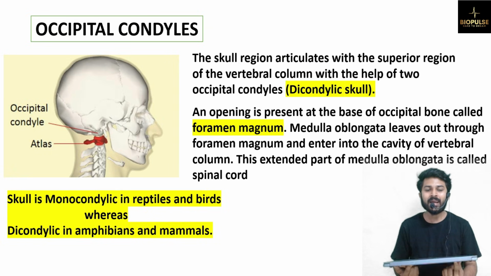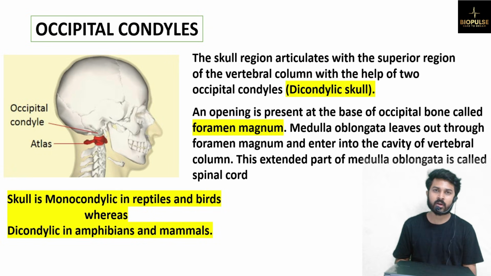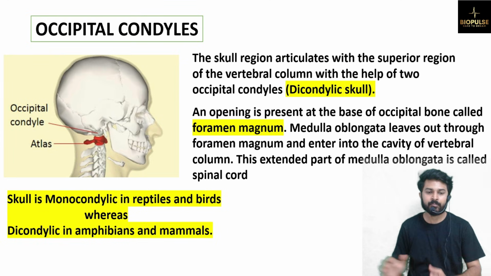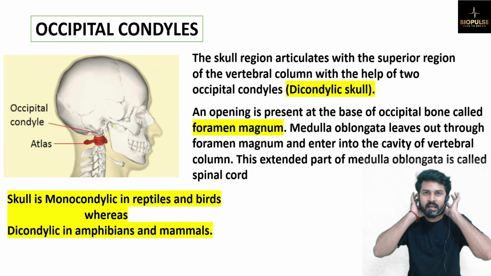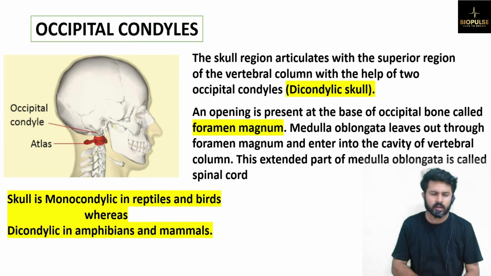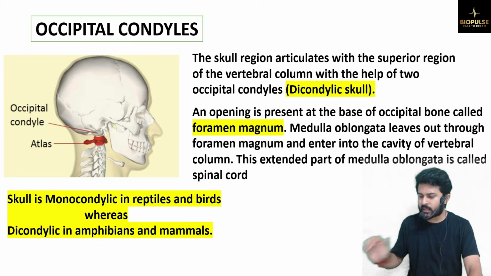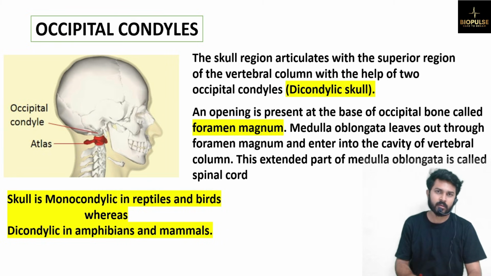So we have two occipital condyles and hence we are known as dicondylic. What kind of skull do we have? Dicondylic skull. Now, is any other phylum or class dicondylic in nature?